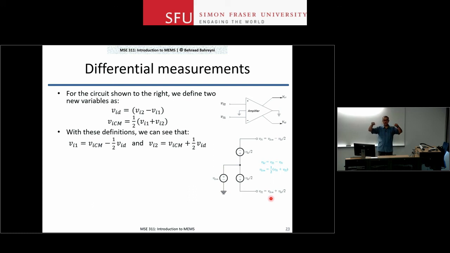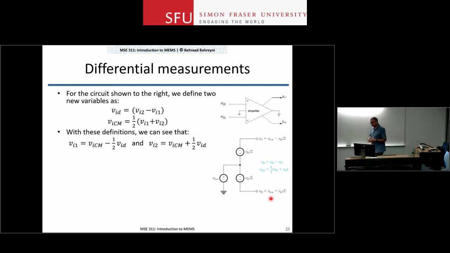If I have, let's say, 2 volts at one input and 4 volts at the other input, the common mode signal is 3. The differential signal is plus half and minus half. So I can see how that symmetric circuit responds to the differential signal and to the common mode signal. Because of the symmetry of the circuit, breaking the two input sources into these differential and common mode ones makes my circuit analysis quicker.